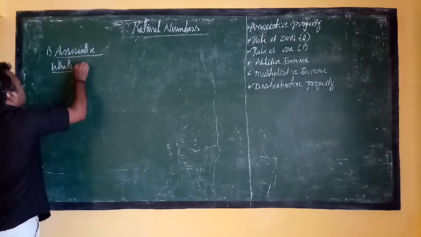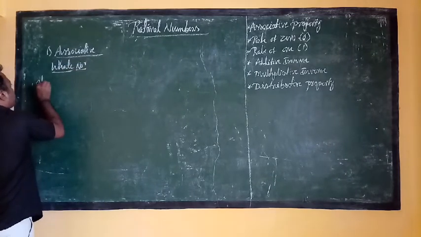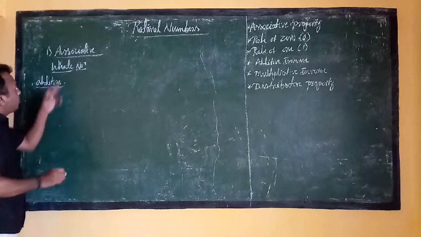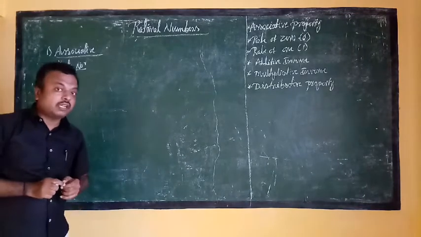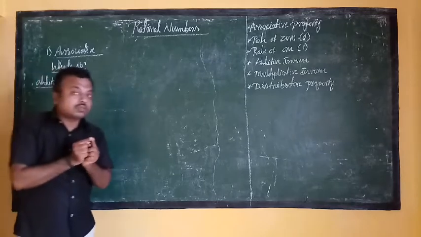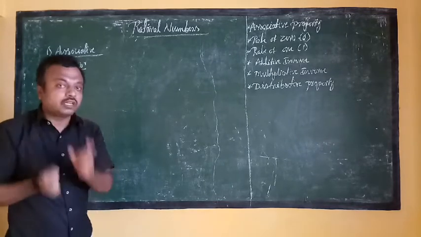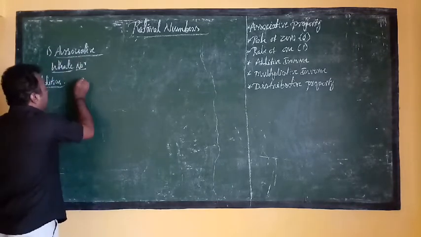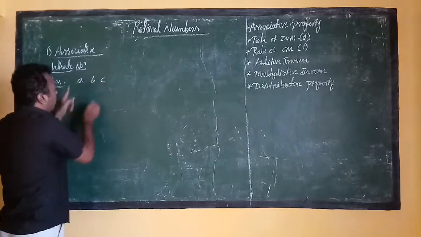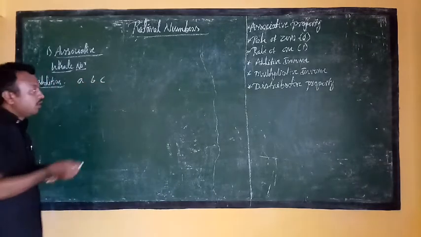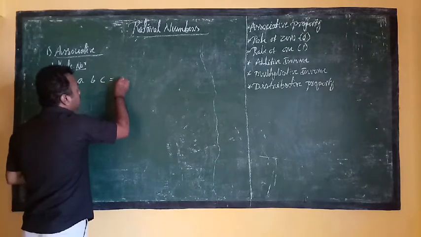First, addition. Associative means association. Did you hear the word association? That means group. Associate means group. For example, take A, B, C, any three whole numbers, and add them in different groups.